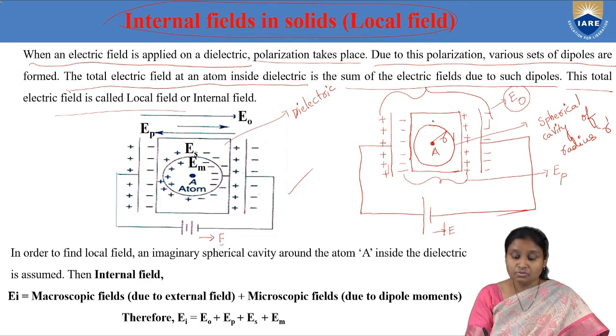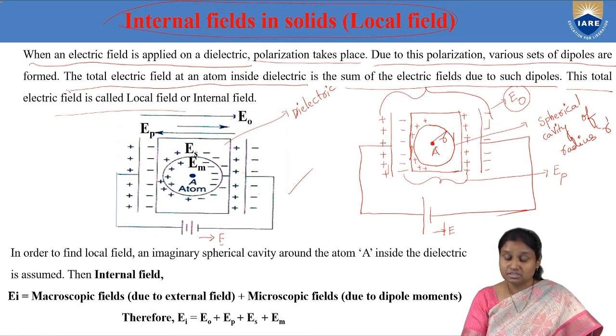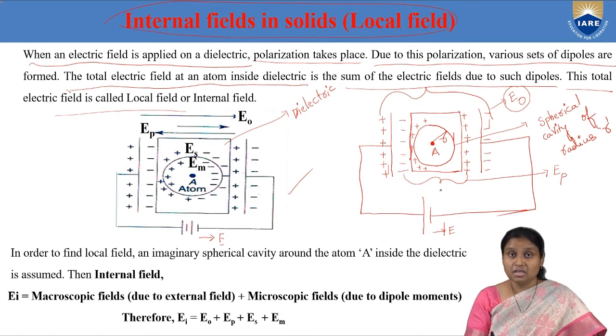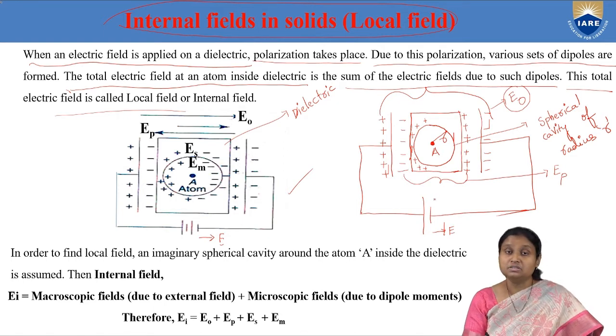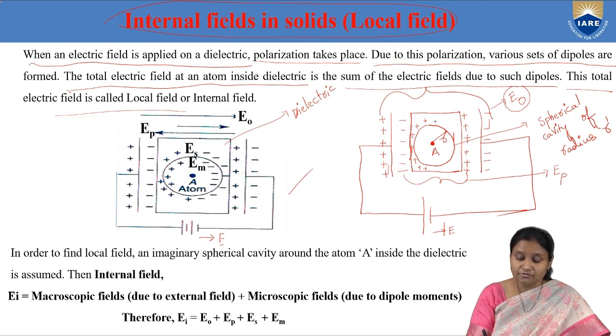Here, because I have negative polarity, all the positive charges come onto the left side on the surface of the sphere of radius r, imagined around the atom A, about which we are trying to find the total electric field.